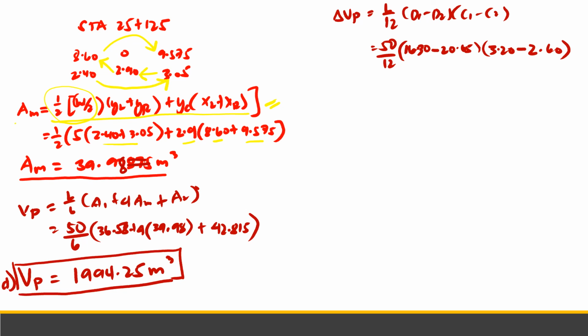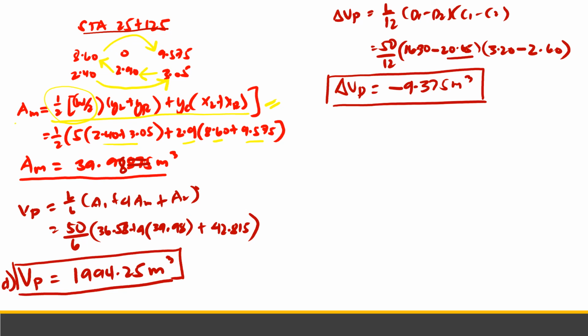So the prismoidal correction is equal to negative 9.375 cubic meters.